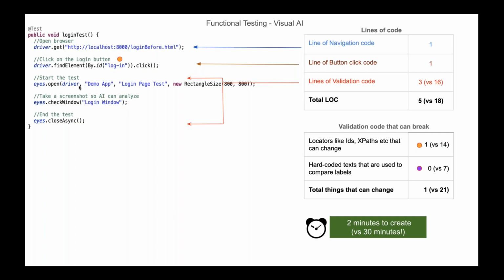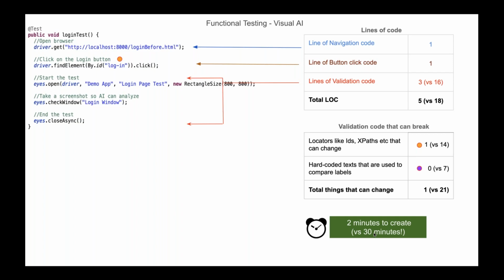What this is doing here is simply saying, hey Applitools, please take a screenshot of my login page. Now, if you compare this with the previous version, you can see the validation code has come down to 3 lines instead of 16. And more importantly, the number of locators you depend on has come down to 1 instead of 14. And the time it takes to write this is literally like 2 minutes.